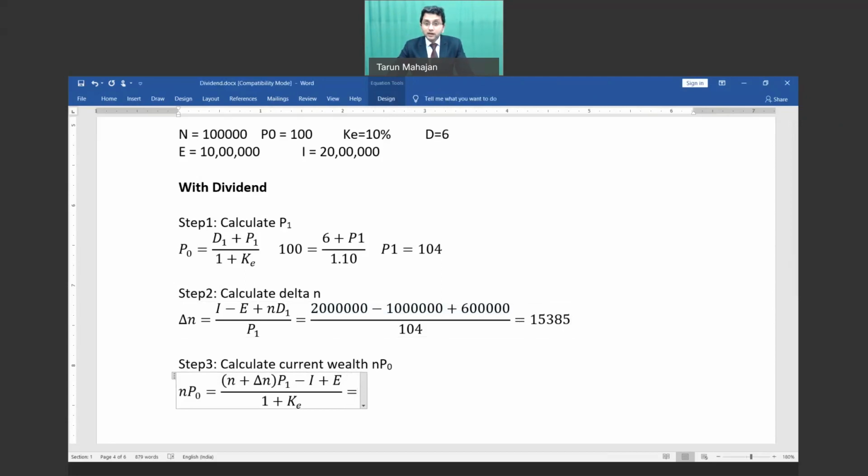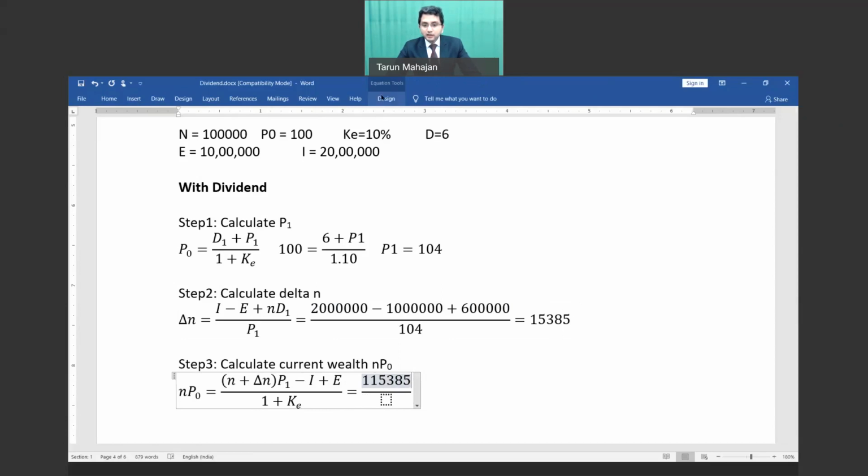And now I calculate my current wealth. So how come this formula? We are not going to derive it, but yes, this is the formula. Time is the limitation. Otherwise, I can derive the formula for you also. N plus delta N, that will be 1,15,385.